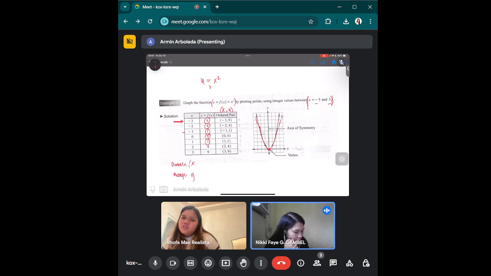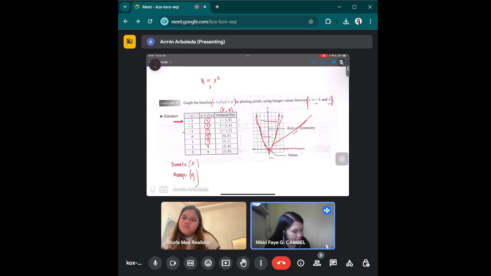The domain and range of a graph is all the numbers that are in the x, and all the points like this, and also from the x as well. And the y is all the numbers like this.